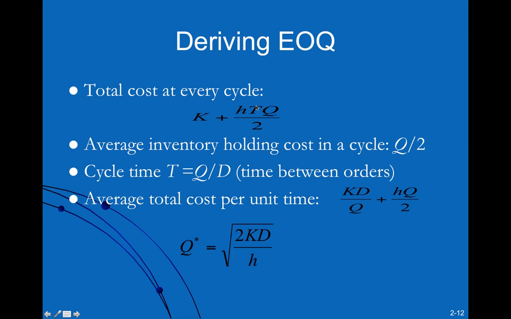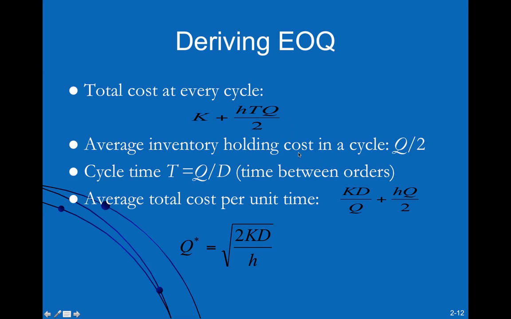But then you carry inventory for each cycle, and the cost of carrying the inventory is your unit carrying cost H multiplied by your average inventory. If you think about your average inventory as the amount you started with, Q, plus the amount you end with, 0, over 2, it becomes Q over 2. So this formula gives you a sense of the cost that you will incur every cycle.